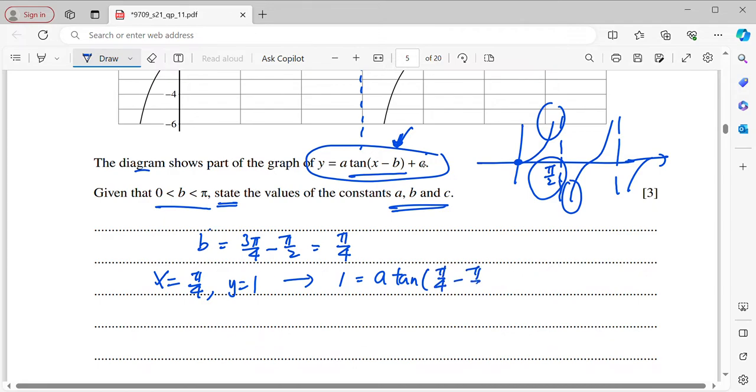Tangent of pi over 4 minus pi over 4 is tangent 0, which is 0. Therefore, obviously the c is 1.